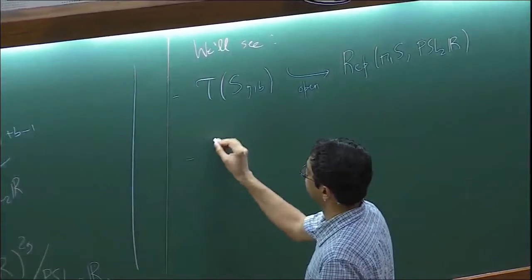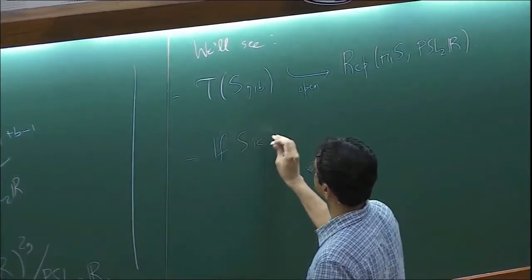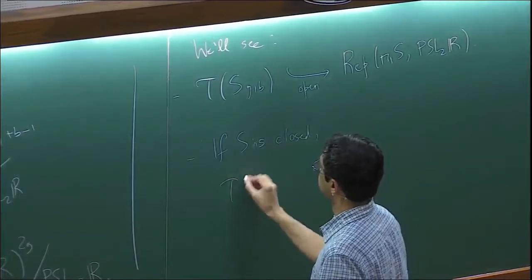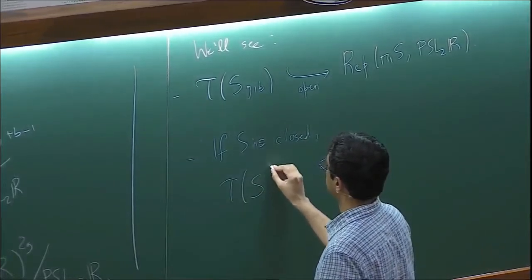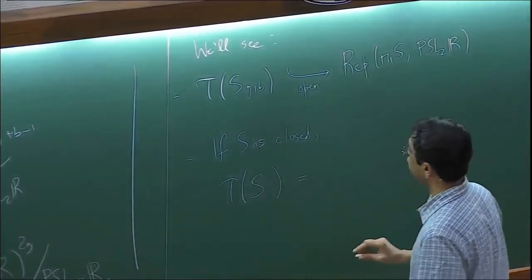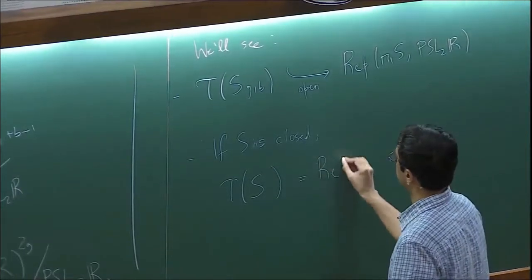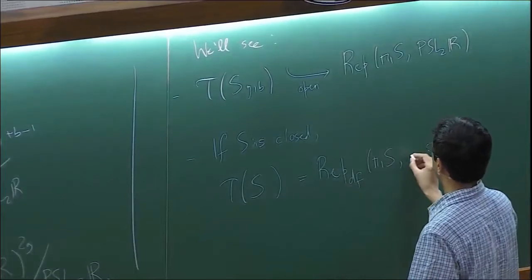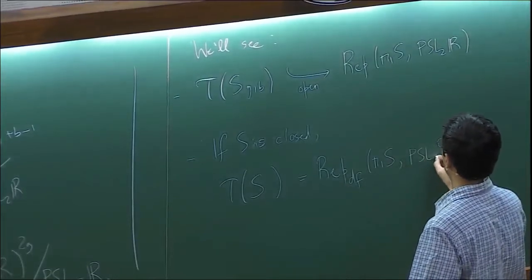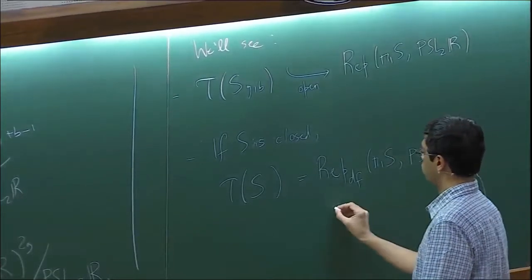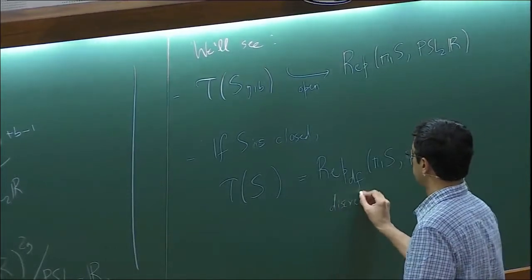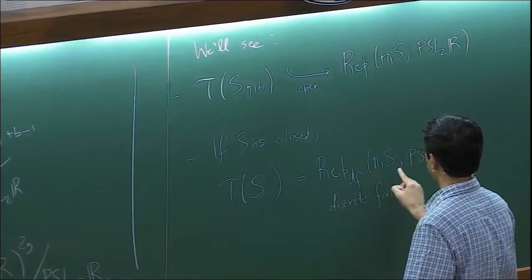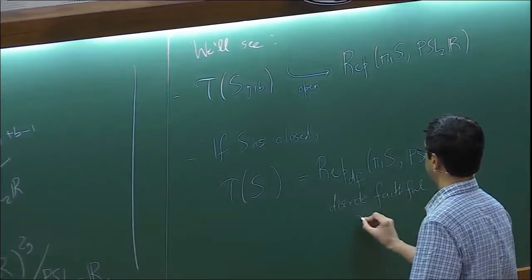So we'll also see that if S is closed, then this Teichmuller space is in fact equal to some subset of this representation space, where all these representations are discrete and faithful.